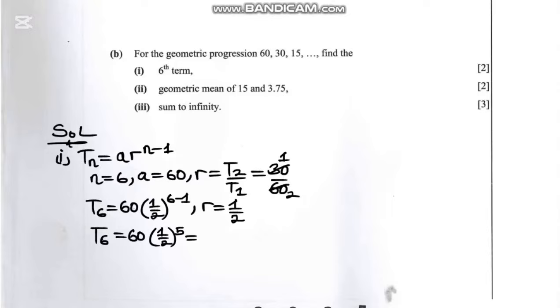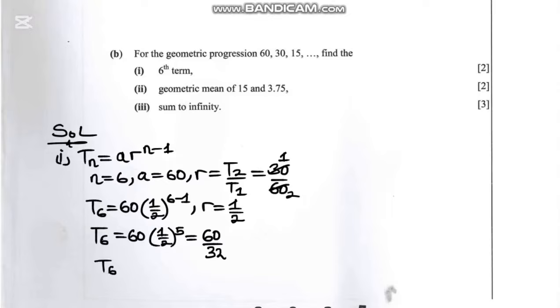Now 1 to the power 5 is the same as 1. This is because 1 to the power of any number gives 1. And then 1 times 60 will give 60, over 2 to the power 5. 2 to the power 5 gives 32. This is because 2 is multiplying itself 5 times. So we write 60 over 32.